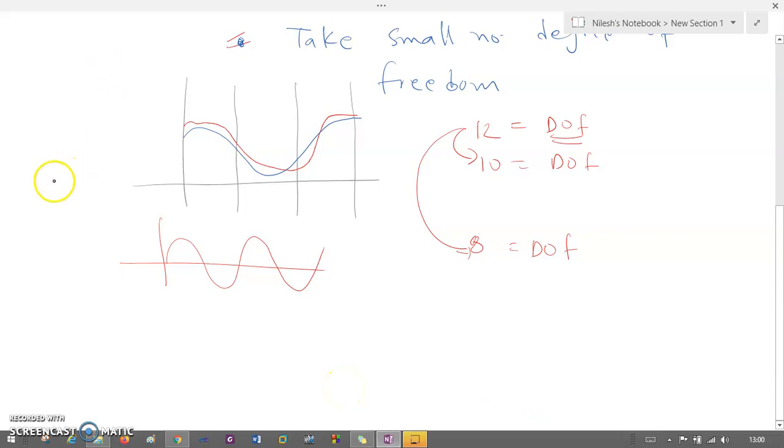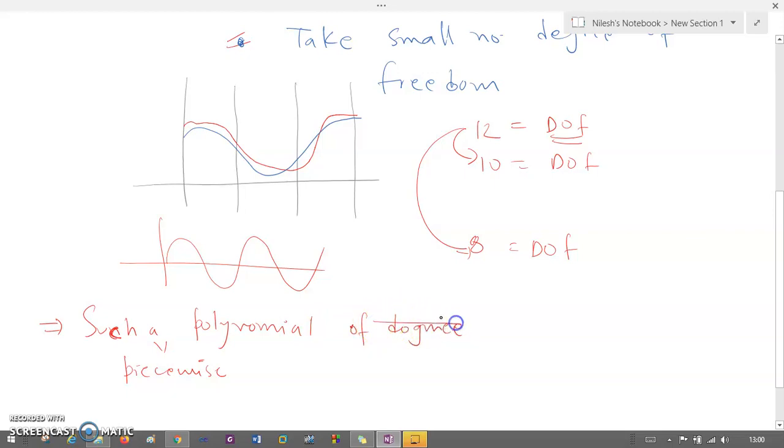So I'll write it down here: such a piecewise polynomial of degree m with m minus 1 continuous derivatives, this is also important, right? The topic that you will get is spline.